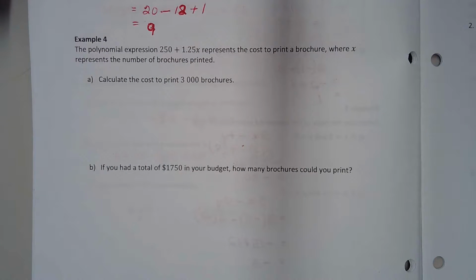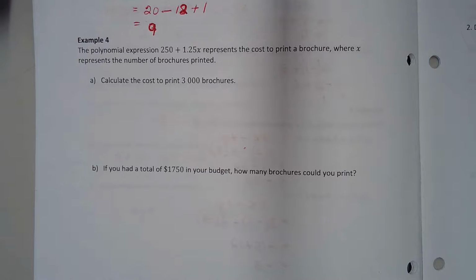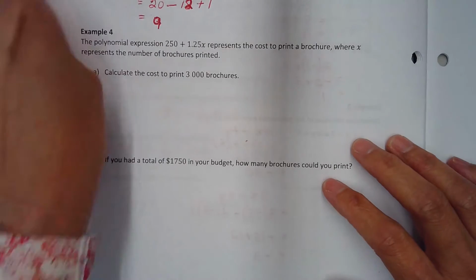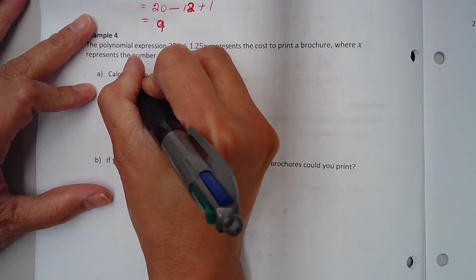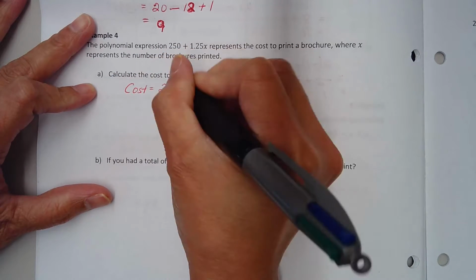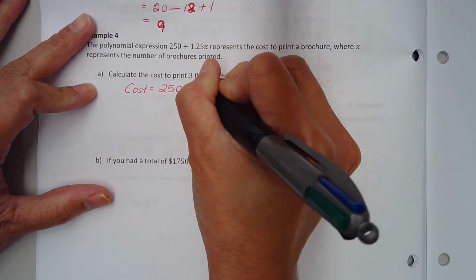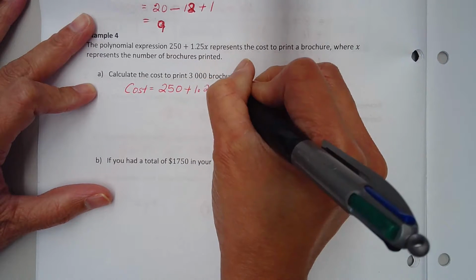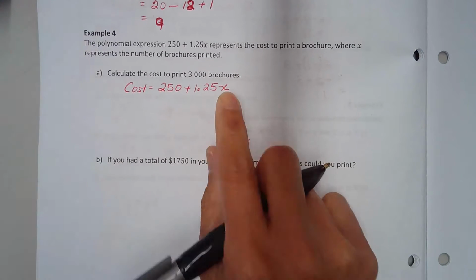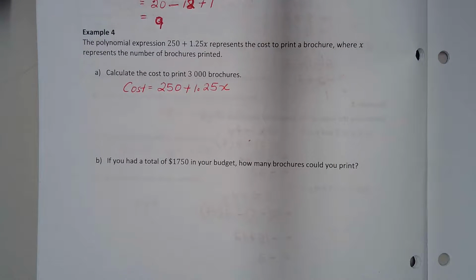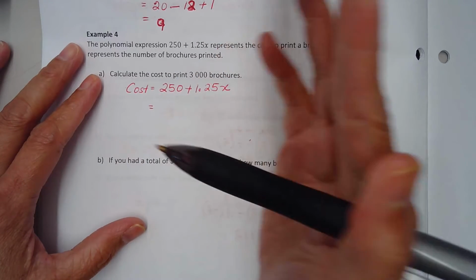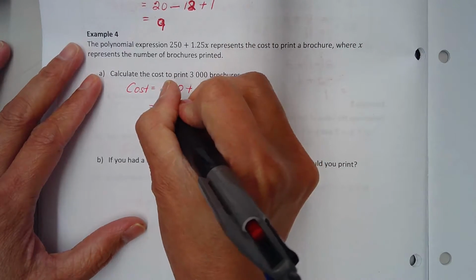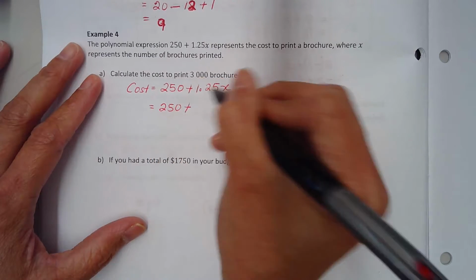Now, if this is the formula on how they calculate the cost, okay, so the cost is 250 plus $1.25 times x. Okay, what are we going to replace the x by? 3,000. So we're going to do the substitution, replacing the x with 3,000.